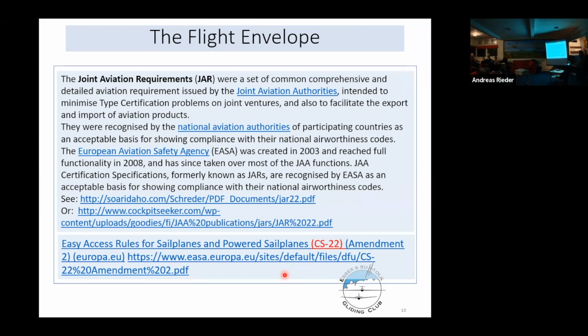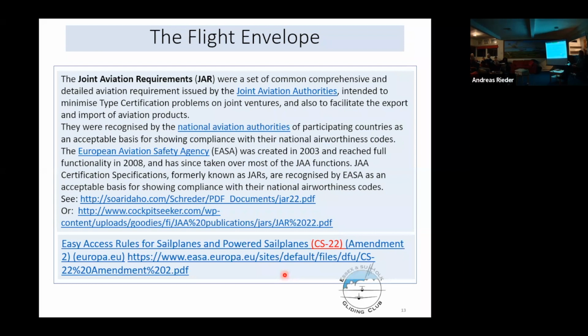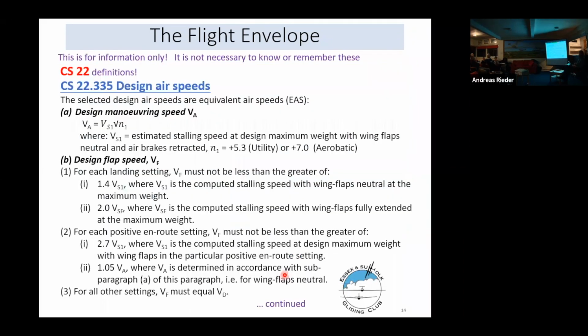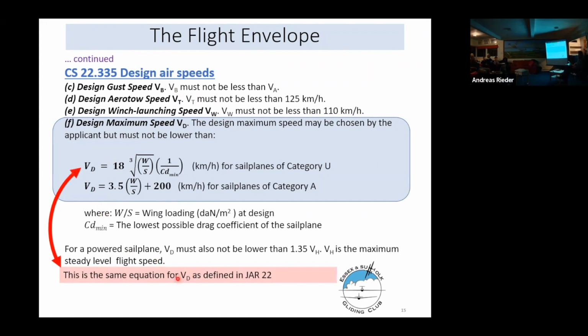Whereas on the previous slide, JAR22 explained it in very simple terms very quickly, CS22 explains it in a much more complicated way. It goes through VA, VF, and then on through VB, VT, VW, and finally we get to the same calculations that we saw under JAR22. As I've already said, you don't need to understand any of this. It's just that's where it's defined.